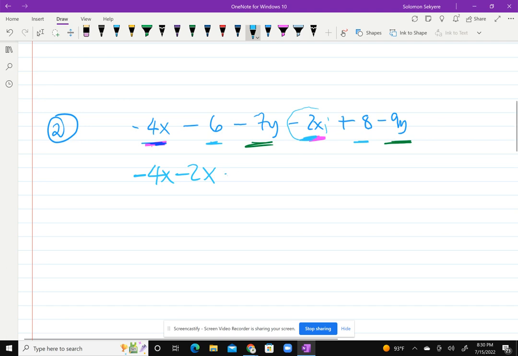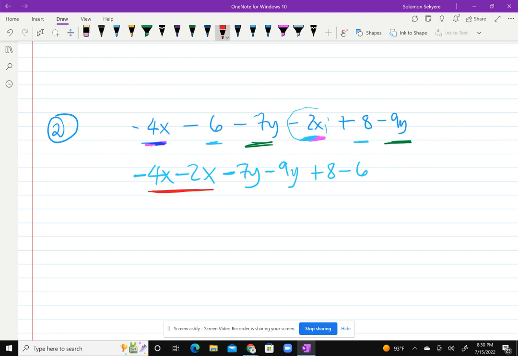Okay, and then we also have negative 7y minus 9y. And then finally we have positive 8 minus 6. What do we do? Okay, now we simplify.